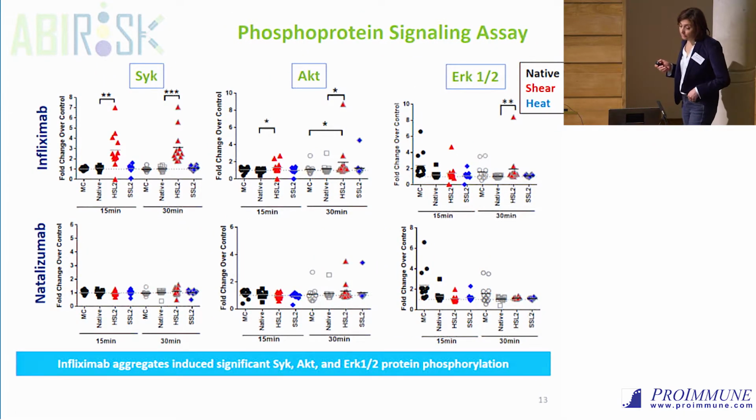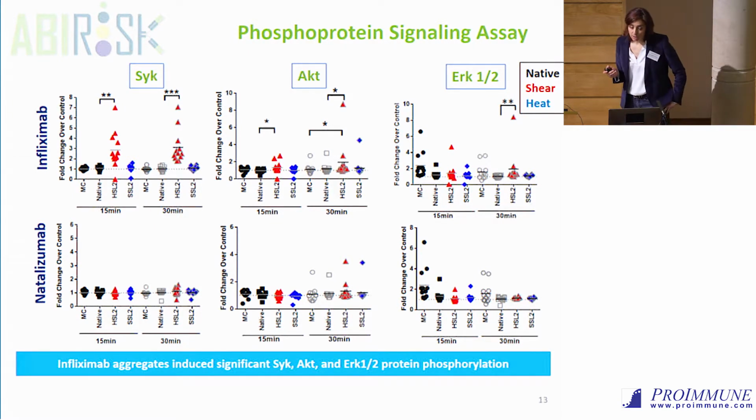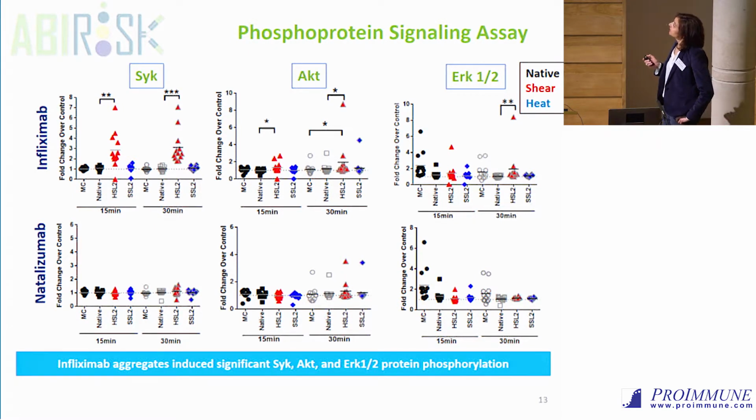So to go further on the cellular mechanisms involved in DC activation, we explored some signaling pathways with Luminex multiplex assay. And again, here we can see that for infliximab aggregates, heat stress aggregates, there was upregulation of the phosphorylation of SYK, AKT, and ERK1/2 that was significant.